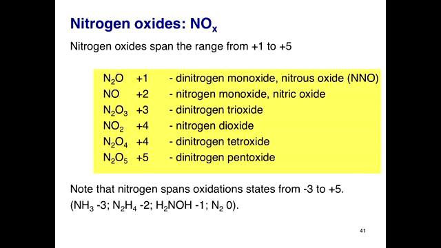That can dimerise to give us N2O4, and then finally we've got dinitrogen pentoxide, the +5 oxidation state. We don't see nitrogen commonly in that form. So the most important oxides are nitrous oxide, NO, nitric oxide, and NO2.